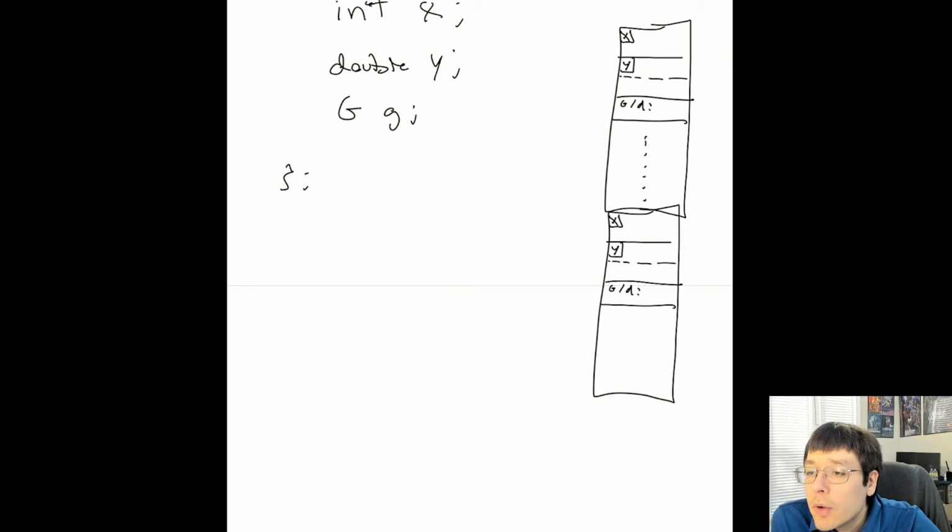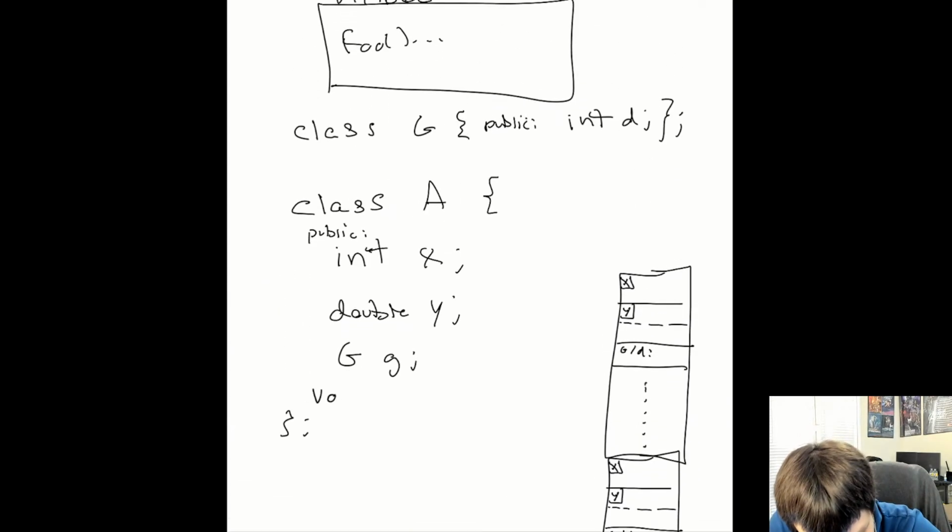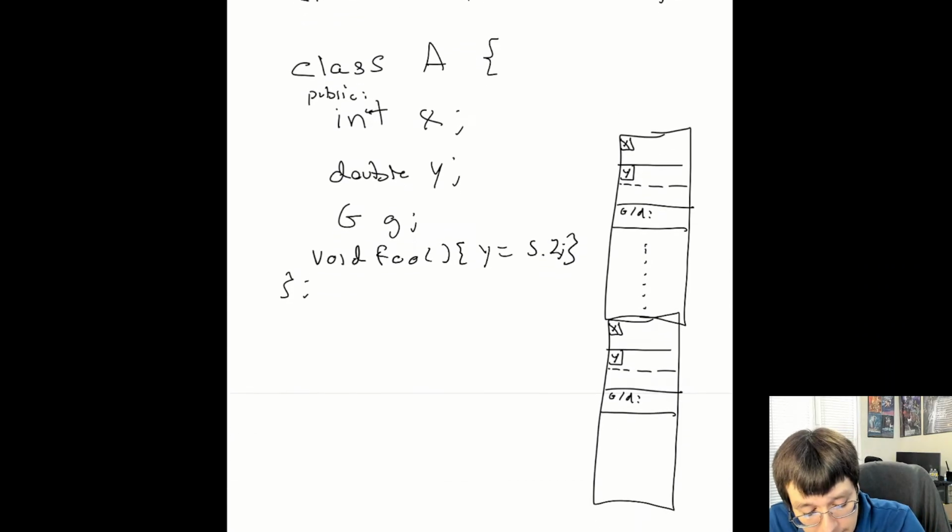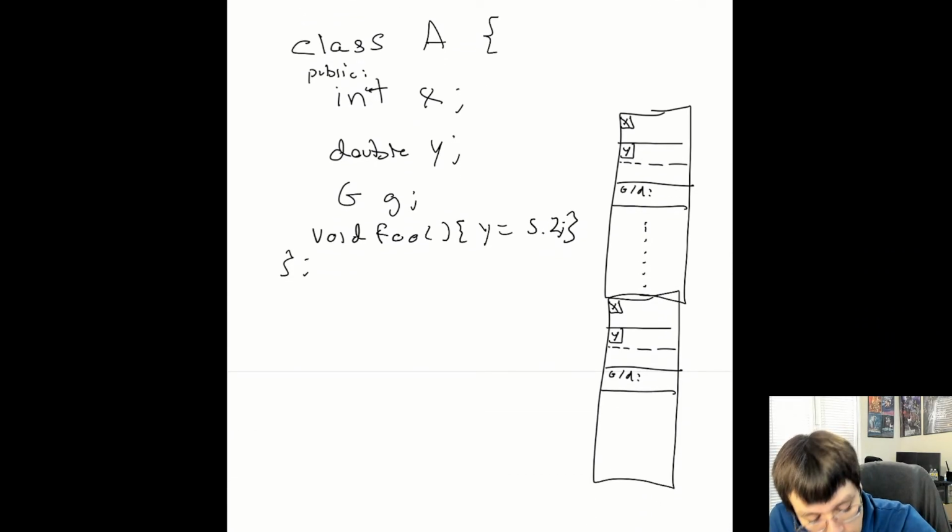To be able to locate the member variables of an object, so like if I have a function foo or whatever, and this function foo maybe sets the value of y to be equal to 5.0 or 5.2. If we have something like that, and so I have in main something like A a, and then I say a.foo.